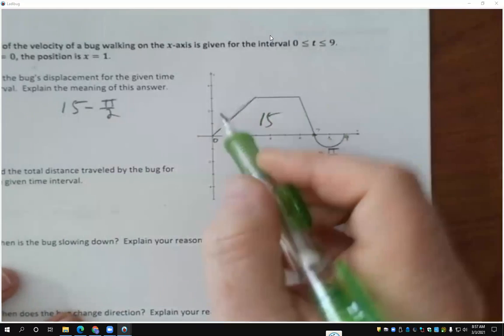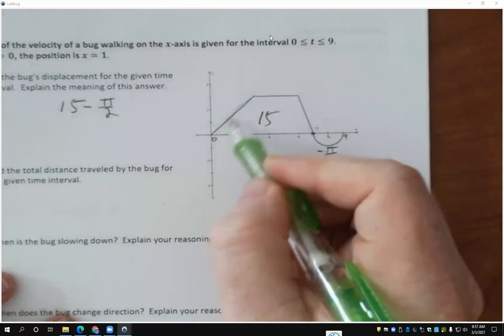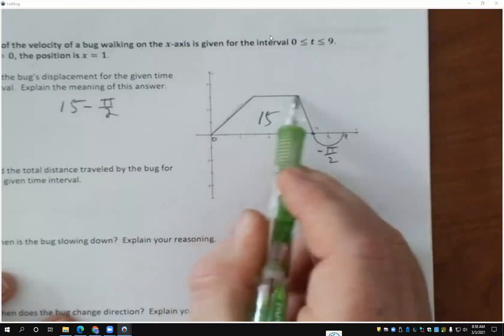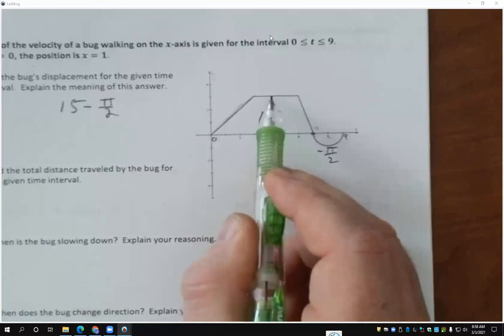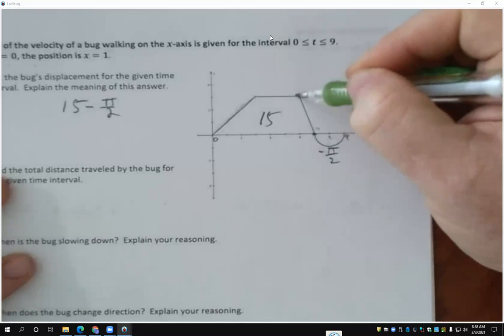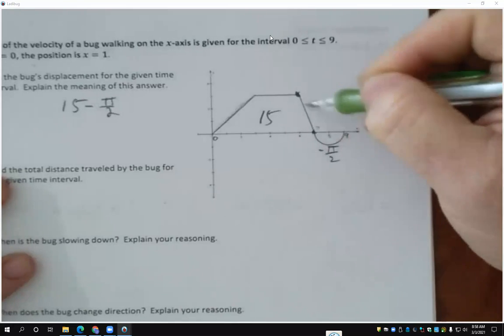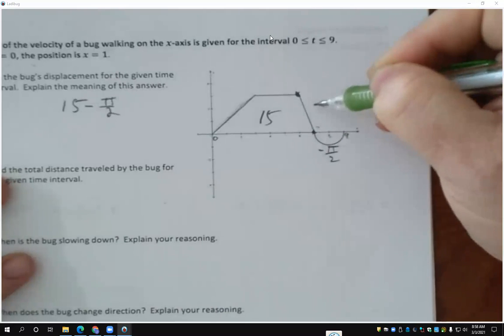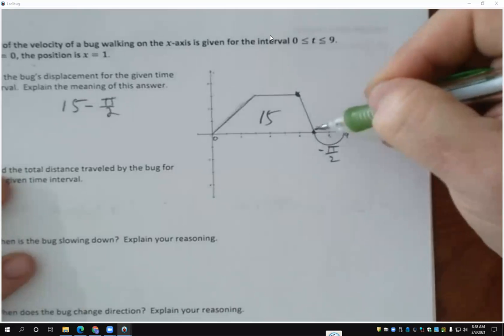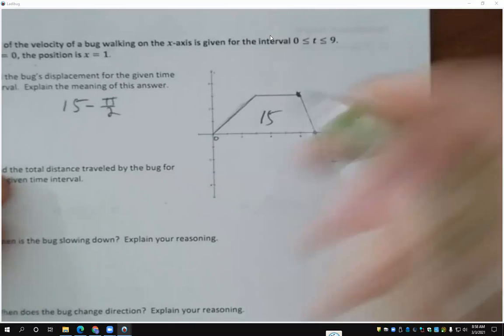So velocity and acceleration there have the same sign. Here, velocity is positive and acceleration is 0. They don't have opposite signs. Now from here to here, velocity is still positive. We're above the x-axis, but acceleration is negative because we have a negative slope. So that's going from 6 to 7.